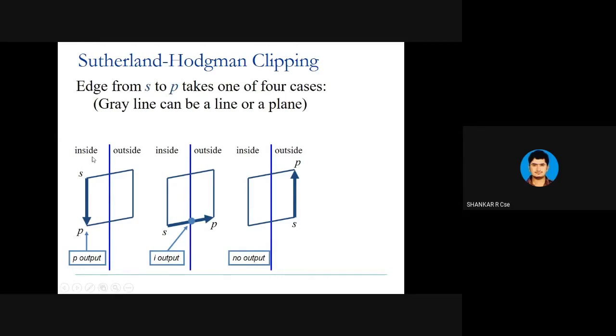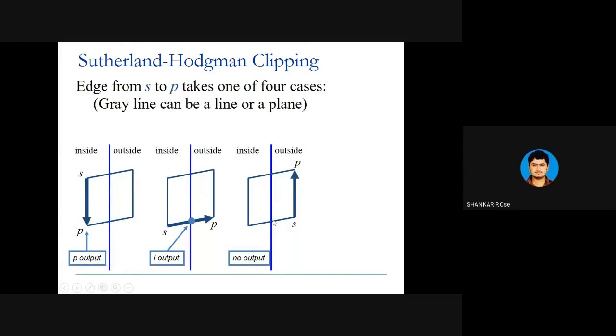I'll repeat. There are two cases, one is inside the rectangle, one is outside the rectangle. If the line that needs to be taken care of is SP, and both S and P points are lying inside the rectangle, the output is the second point P. Now the second case, if the line that needs to be clipped is SP, and some portion is inside and some portion is outside, the output of this algorithm is the intersection point.